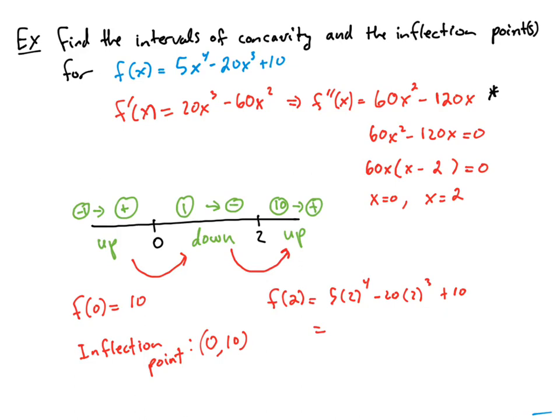So 2 to the fourth is 16. 16 times 5 is 80. Minus 2 to the third is 8 times 20 is negative 160. Plus 10. I think that gives us negative 70. Okay, so the second inflection point is going to be 2 comma negative 70.